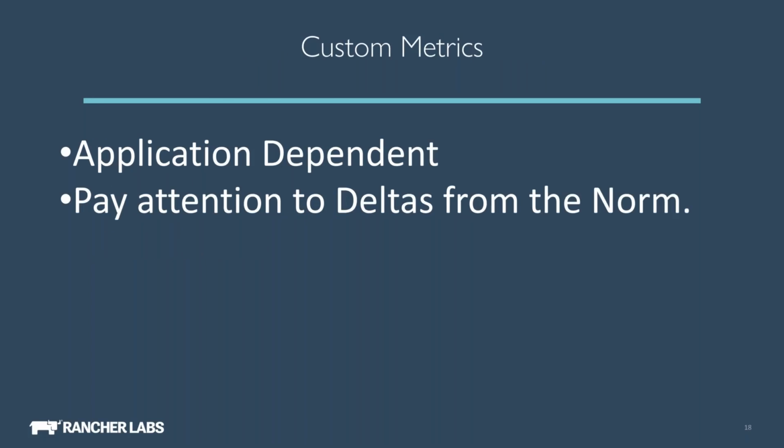And then custom metrics. These are application dependent. Again, as I said, I pay attention to any deltas from the norm. So know your software, know how fast it should behave for all of the various workflows. Set expected time frames around all the things your system does, and pay attention to any deltas from the norm. For example, let's say we're dealing with some sort of storage mechanism, like a database or a file storage mechanism.